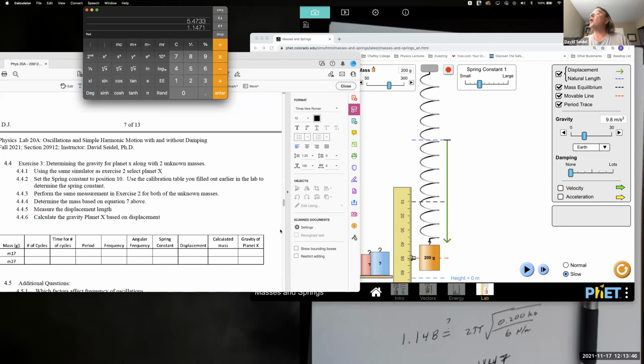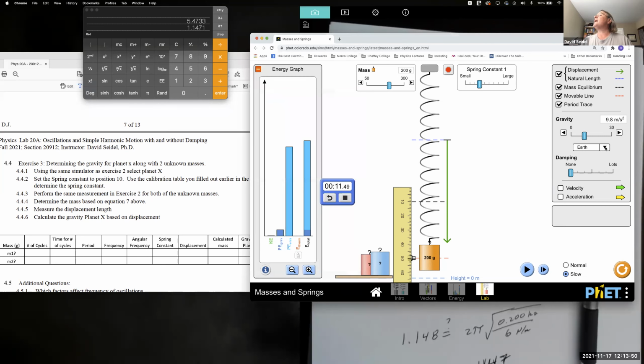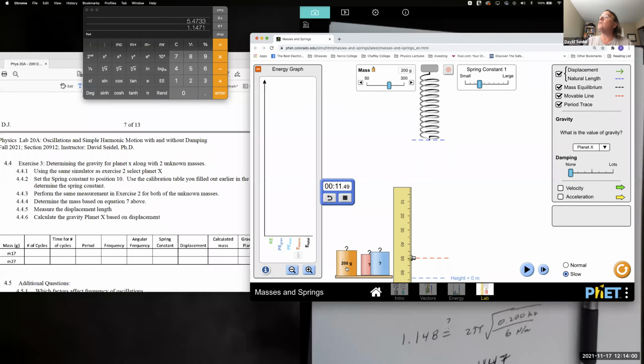You have to use the unknown masses and the unknown planet X. We don't know what it is. And we have to use an unknown mass. But what do you know?